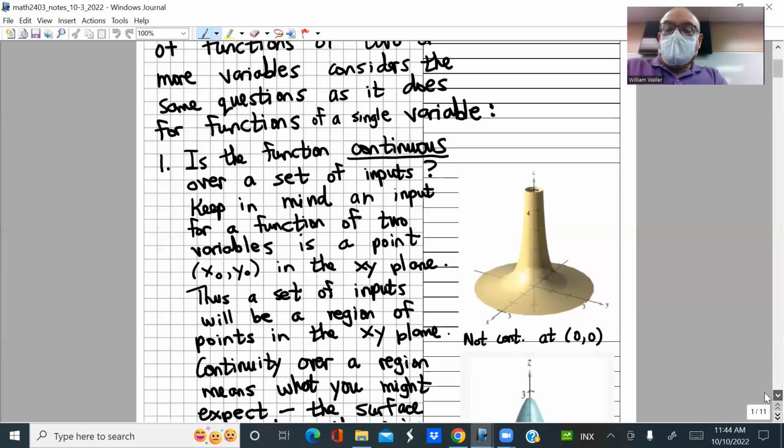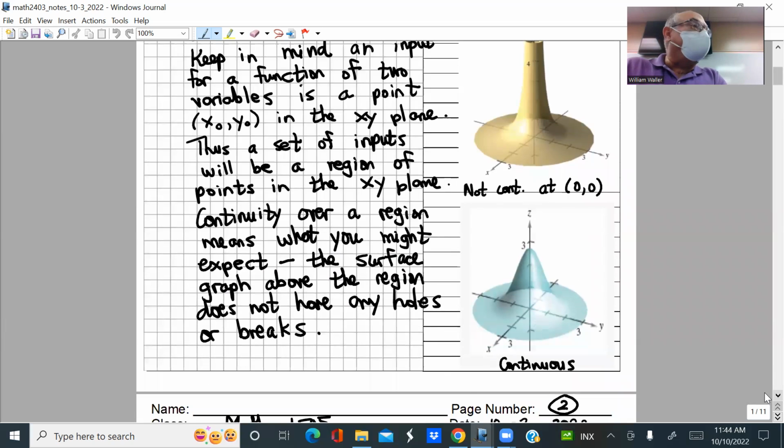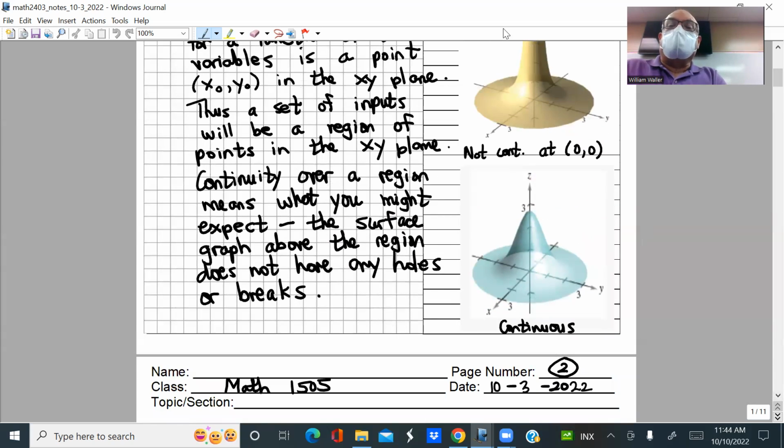On the other hand, if you patch up that hole, and again, I don't know what the formula for these two variable functions is, but if somehow you alter your formula so that hole gets patched up, then you would have a continuous function.